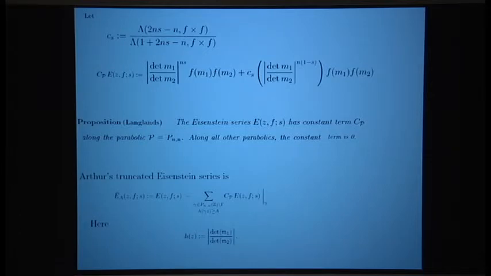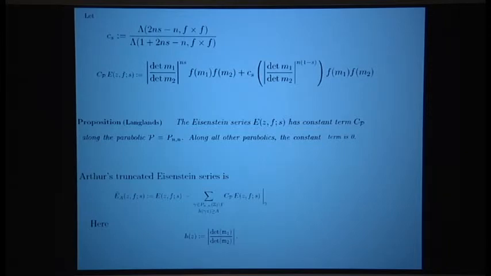And then we define Arthur's truncated Einstein series. Arthur's definition of the truncated Einstein series is our cuspidal Einstein series subtracting the tail, and Arthur made it automorphic. So we average the constant term over the group Gamma. Gamma is in SL2N then.